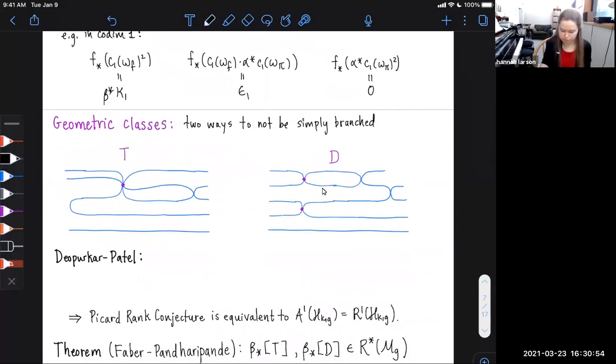And work of Deopurkar and Patel shows that T and D are tautological and independent.